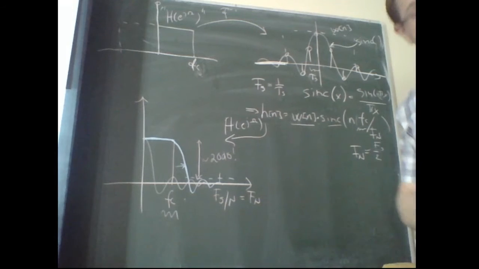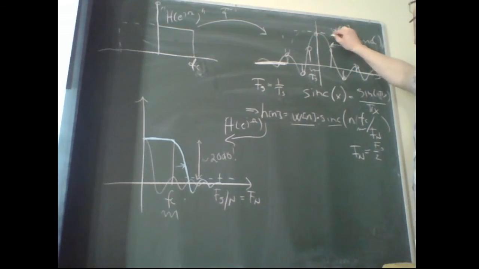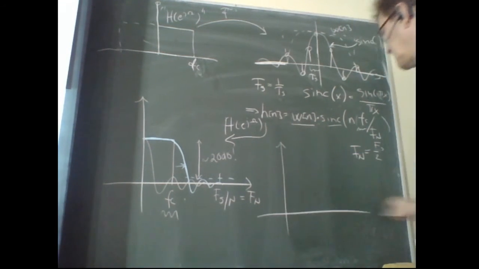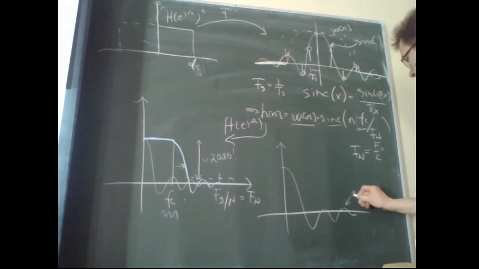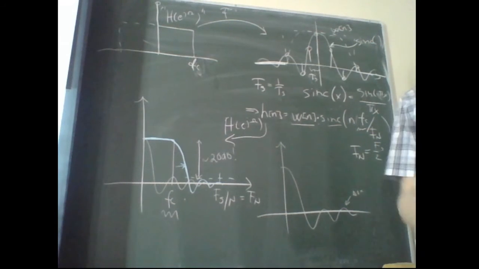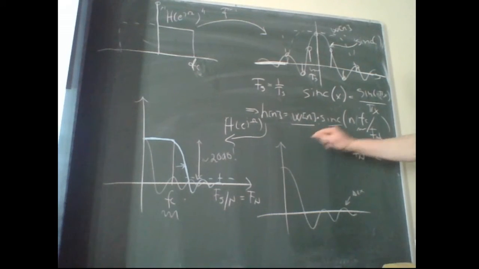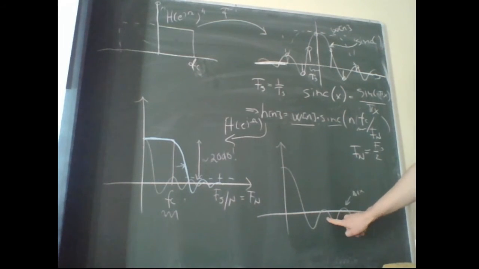We can actually increase the stop band attenuation by smoothing the window. A smoother window means that if we originally had this sinc from the box window, if we have a smooth window, it has more power on lower frequencies and less power on higher frequencies.